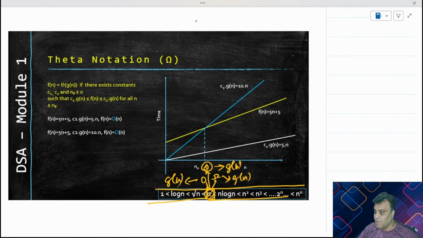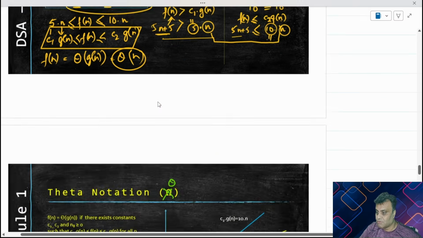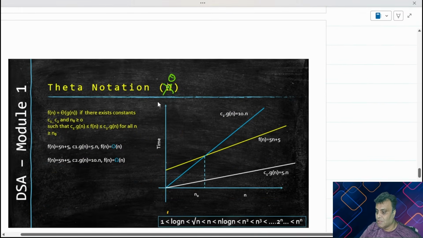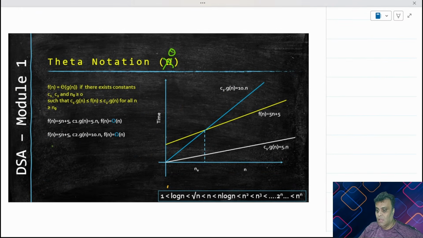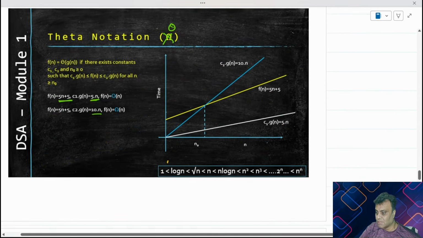Now, if we go and try to draw whatever we calculated, and this should be theta, right? I don't know, the previous slide also it was wrong, it was a typo here. So from the previous slide we had Fn is equal to 5n plus 5, and we had calculated 5n as the C1, and we had 10n as our omega, right? So that's what we had calculated from the previous slide.